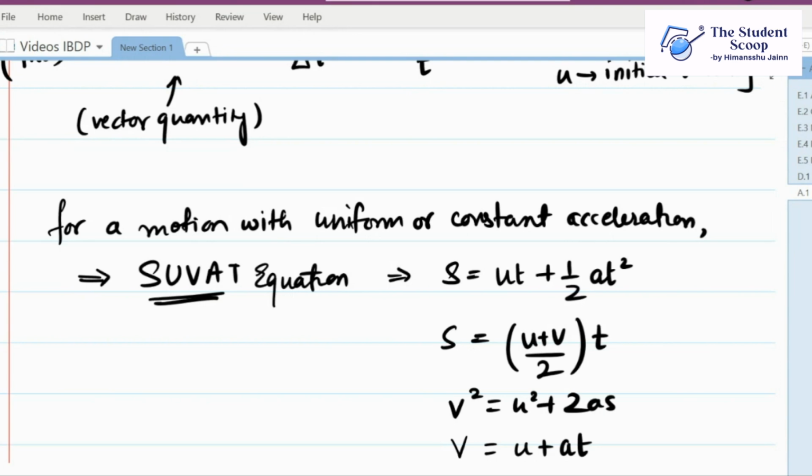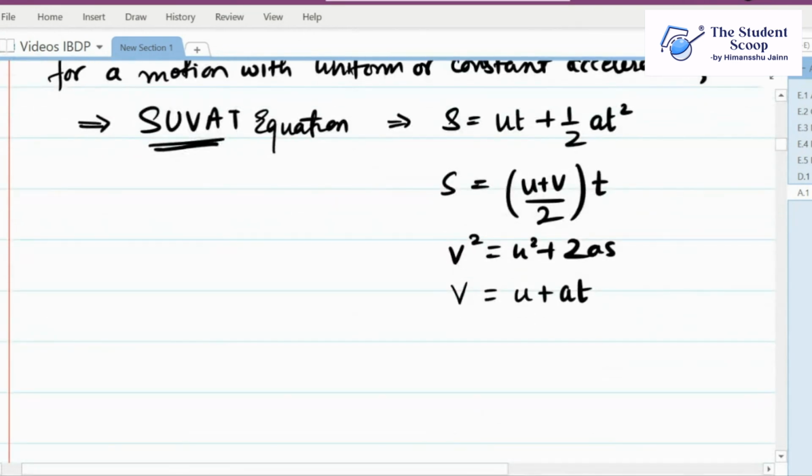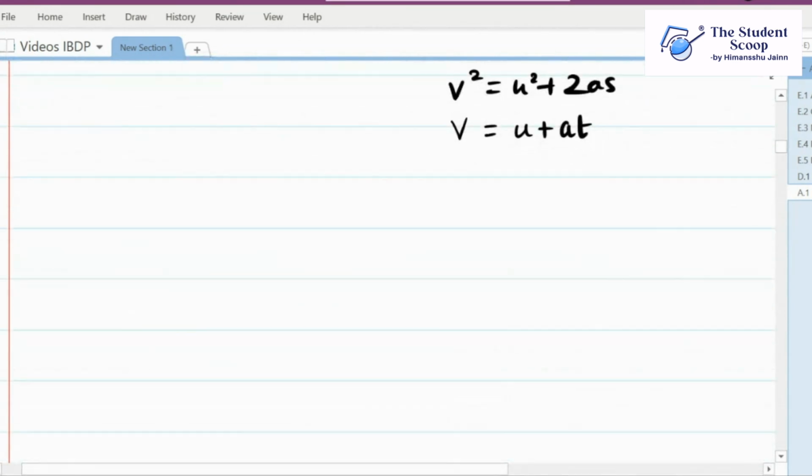Okay. Now we also want to know what if the acceleration is not constant, or if there is a constant acceleration, how can we find the total change in speed? So we have 2 important terminologies that we want to explore here. One is average speed.